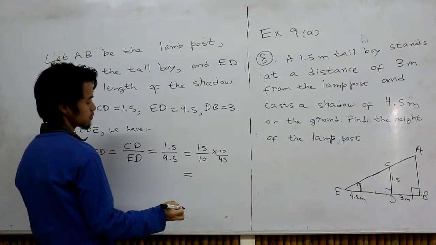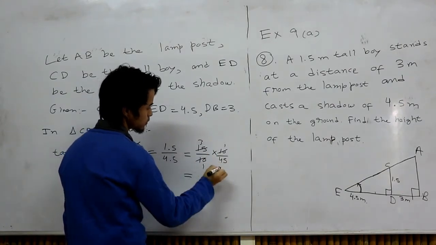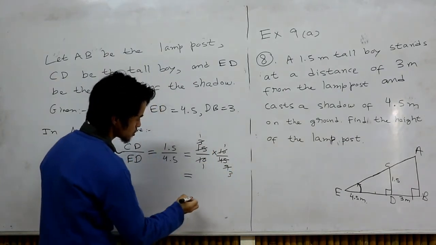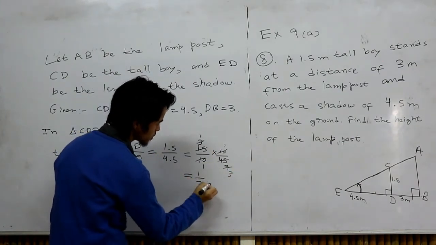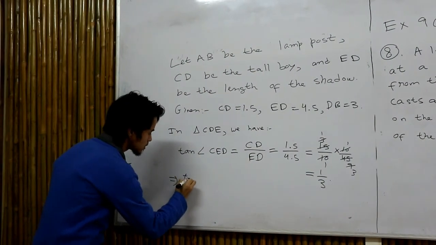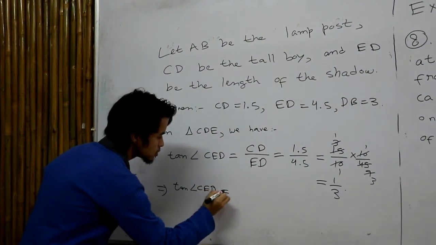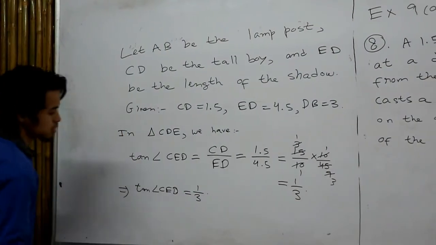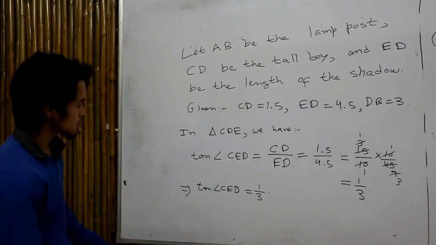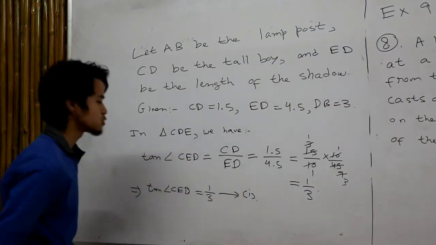So 10 and 10 will get cancelled out. 5 3 15, 5 9 45, and then 3 1 and 3 3. So we'll have 1 by 3 after cancelling out. So tan of angle CED is equal to 1 by 3. We mention this as equation 1.